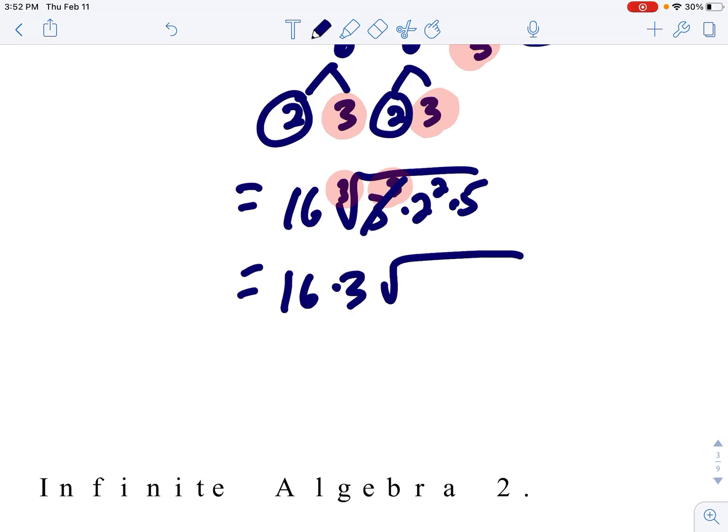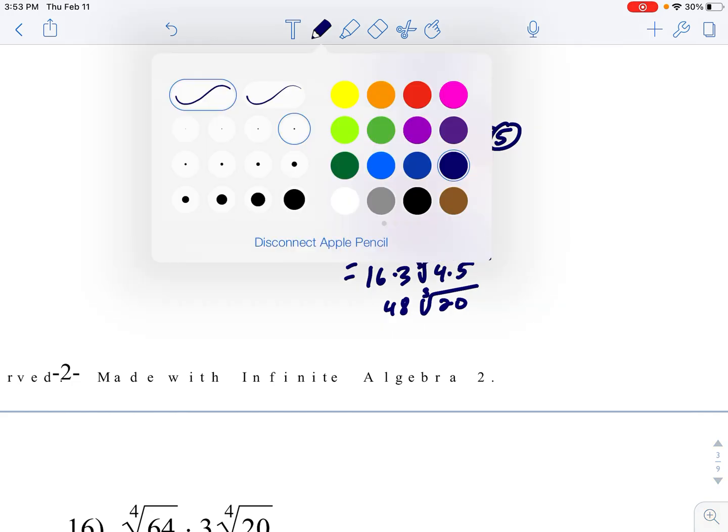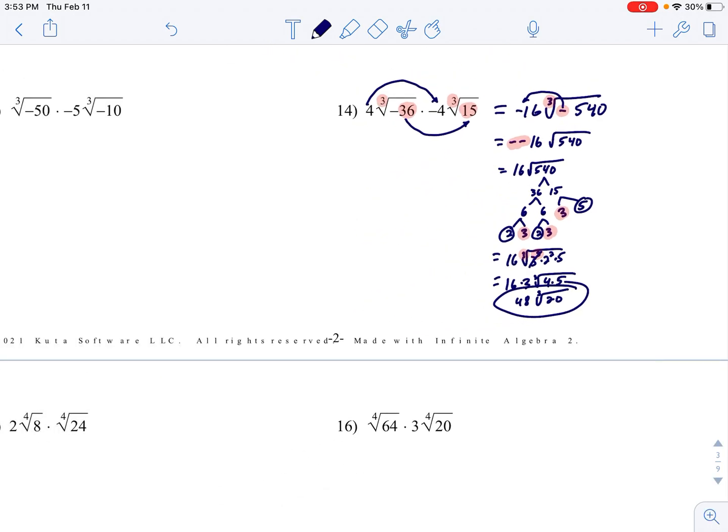Inside, I'm going to be left with 2 squared times 5. Well, 2 squared is 4, and 4 times 5 is 20. Don't forget my index. And then outside, 16 times 3 is 48. So my final answer should be 48 cube root of 20. And yeah, 48 cube root of 20.